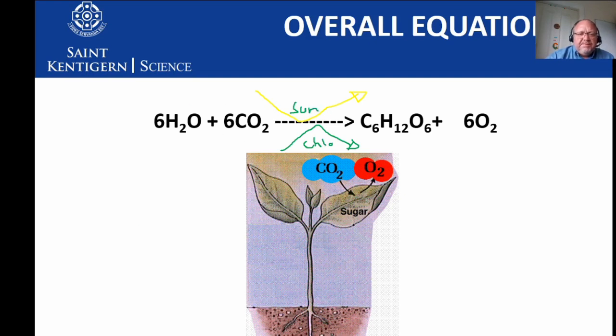So just like when we don't have water or carbon dioxide, we need sunlight. Without sunlight, this process cannot go further because we need that energy from the sun to excite those electrons. And we need the chlorophyll because that is your workbench that actually allows this whole process to happen. So any of these four things can be limiting factors: your water, your carbon dioxide, your sun, or your chlorophyll.